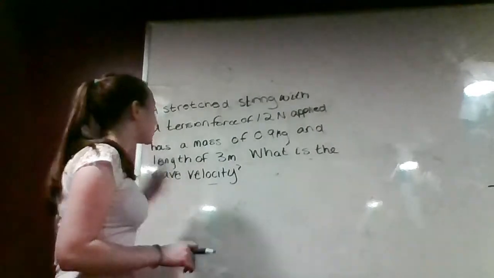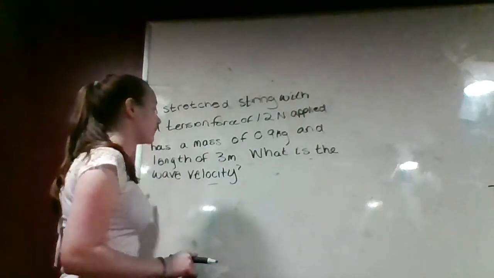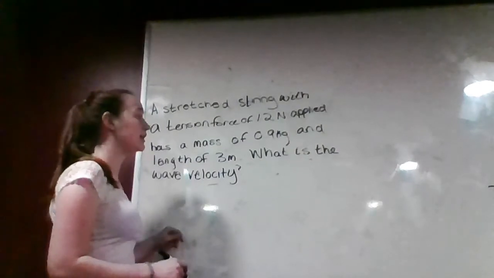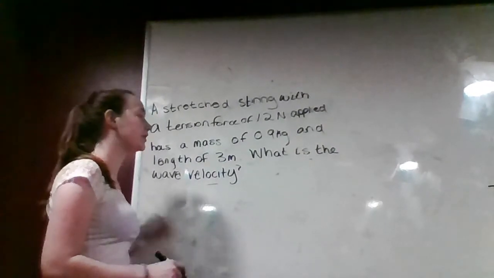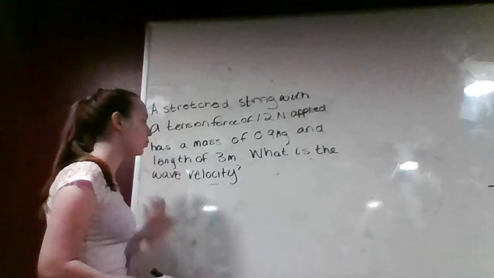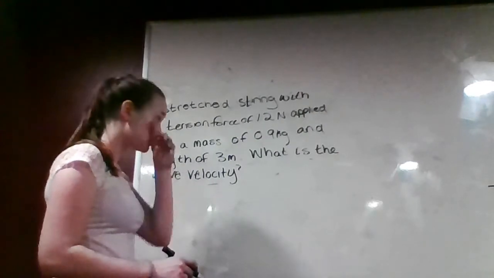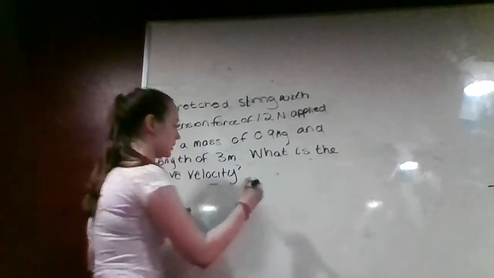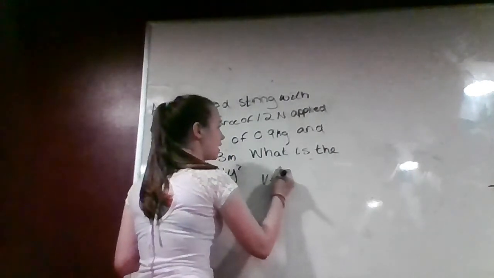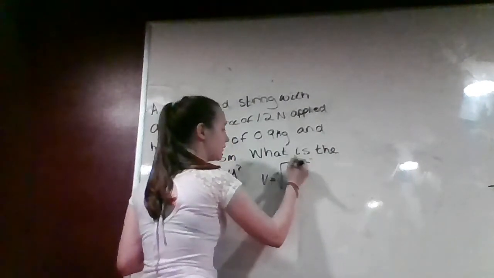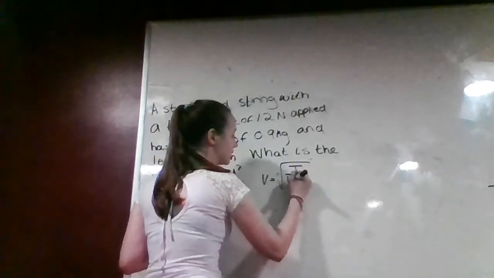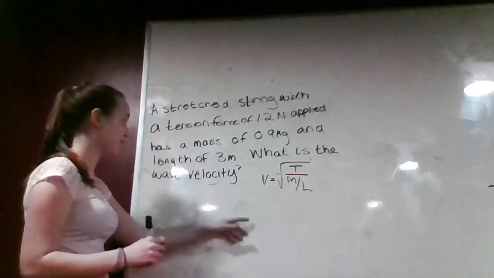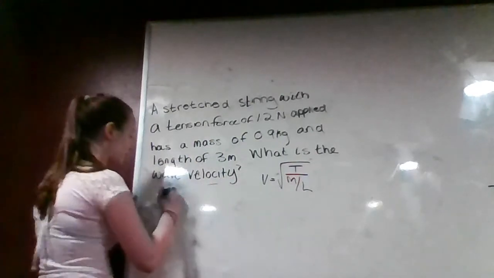A stretched string with a tension force of 1.2 newtons applied to it has a mass of 0.9 kilograms and length of 3 meters. What is the wave velocity? Now, if you looked on your equation sheets or remember from lecture, the equation for this is V equals the square root of the tension over the mass divided by the length. So it's just a matter of plugging in all of these numbers.